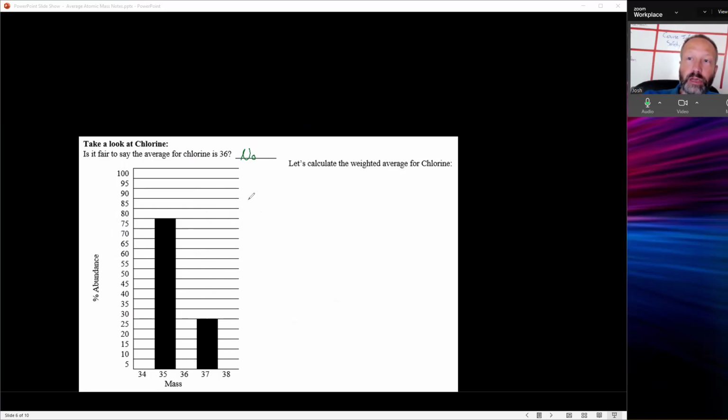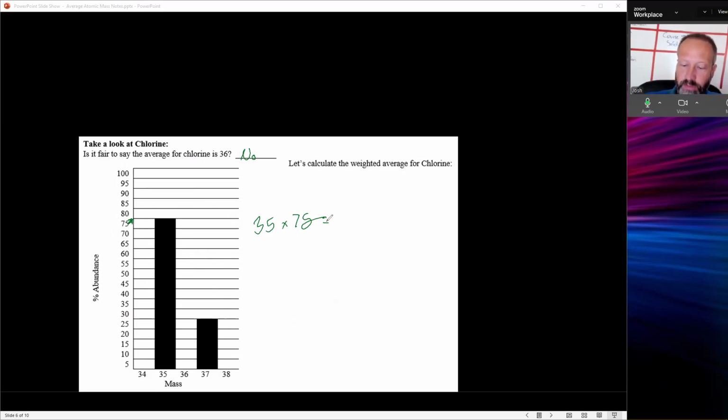And we're going to do it just like we did our weighted average for our grades. We're going to take the mass, 35, and multiply it by its percent abundance, its percentage. Now, I know the numbers don't line up well. I was working with a spreadsheet and it didn't paste into Word well, but that's a 75 mark there. So I'm going to take 35 times 75.